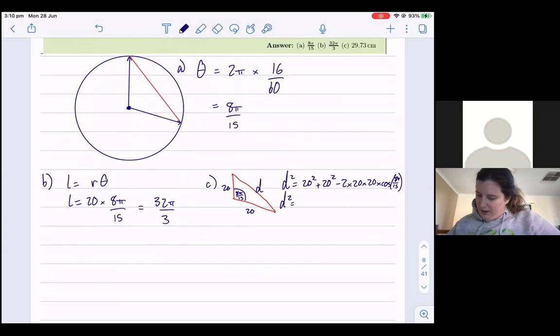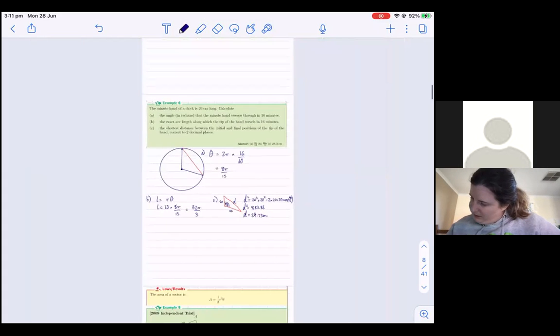Yeah, let's just chuck it straight in the calculator. Don't forget to turn your calculator into radians, because I just completely forgot. 883.86. So d is 29.73 centimeters. Excellent.